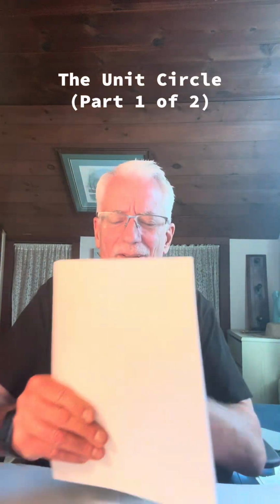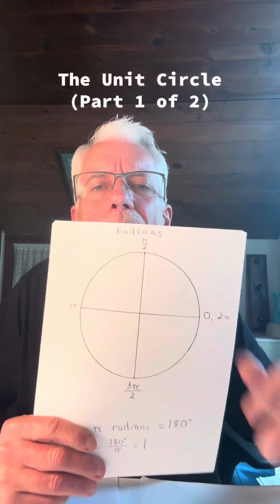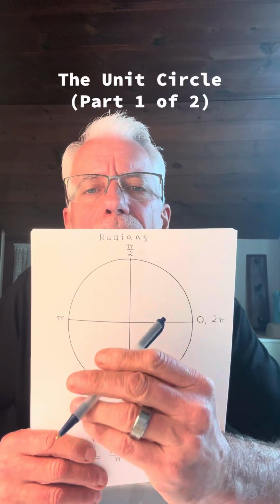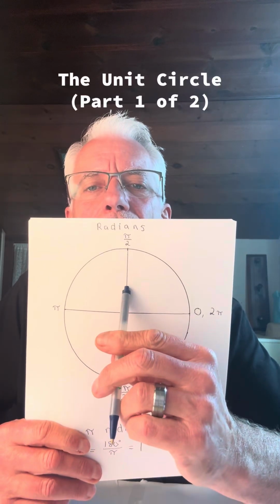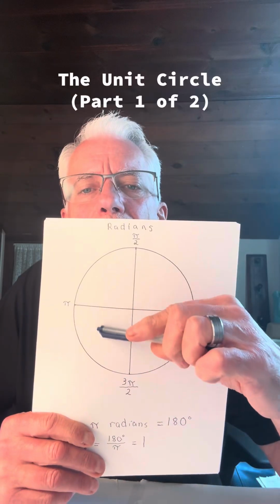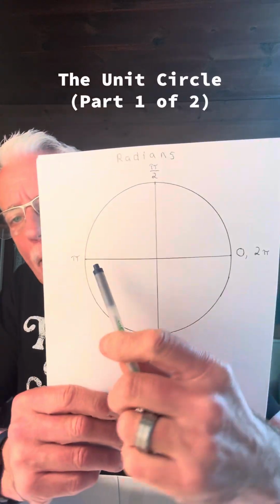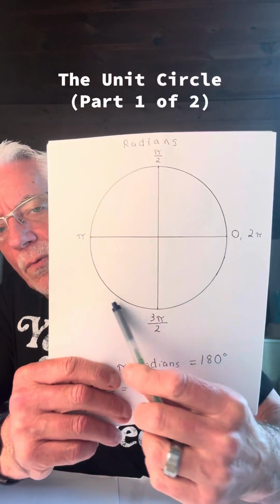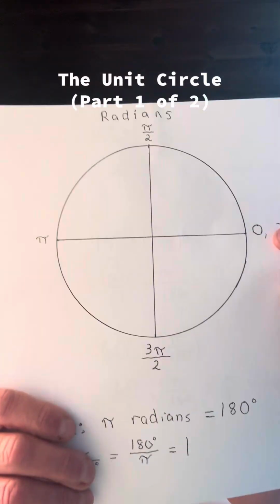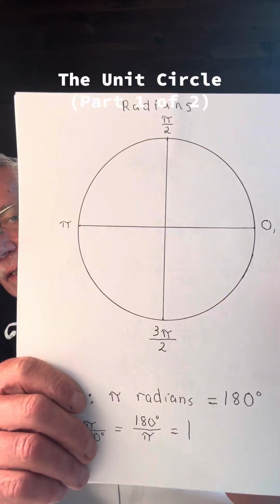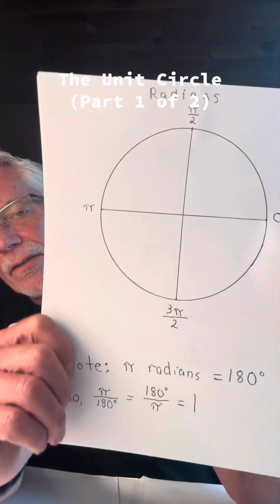Half of a pi is pi over 2. Then if I add pi over 2 to pi, this is 2 pi over 2 plus 1 pi over 2, which gets me 3 pi over 2. So those are the axes points in terms of radians.